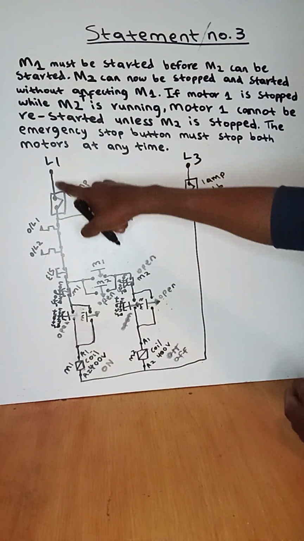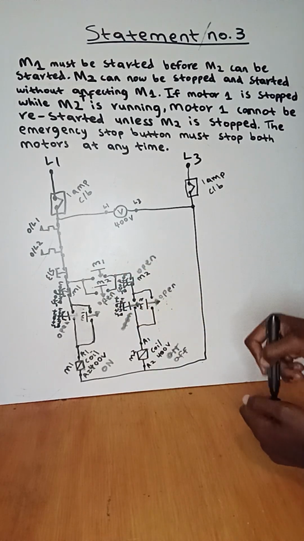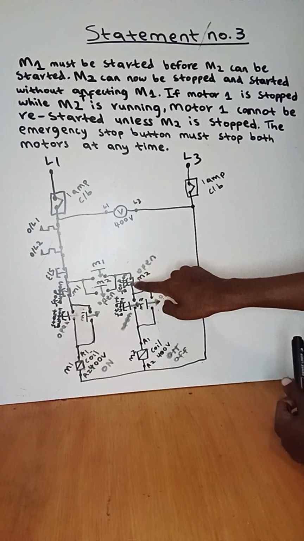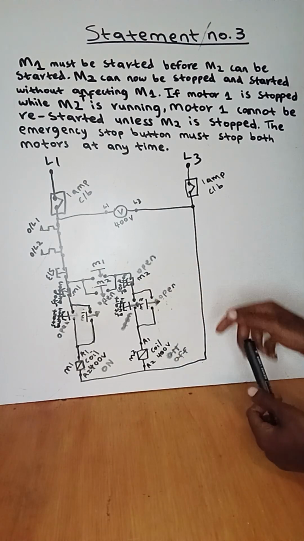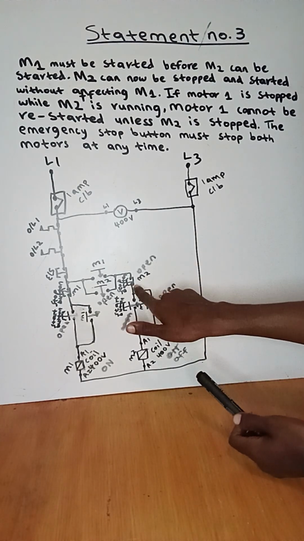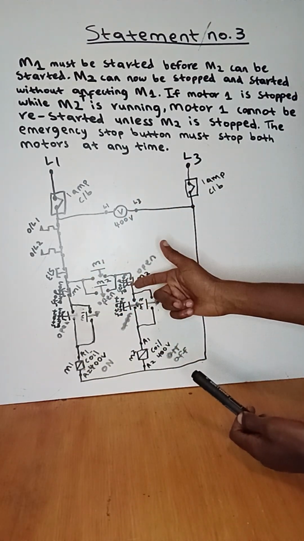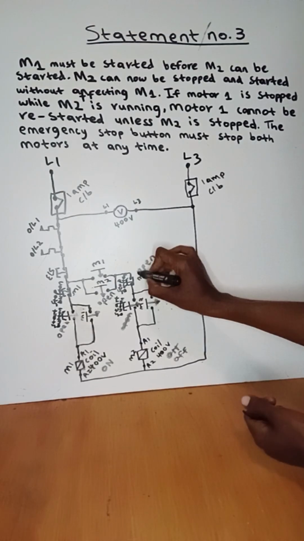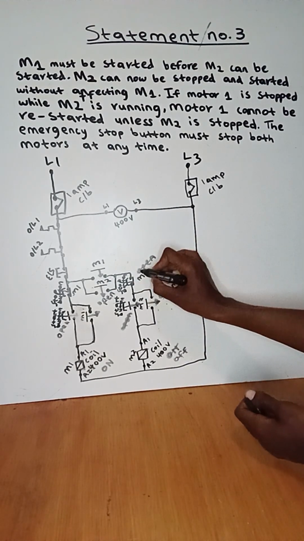So live 1 will flow all the way and find the closed contact of motor 1. Current will flow all the way and find the normally closed stop button, because after I pressed the stop button, when I let it go, it creates a closed contact again. So it will no longer be open, it will go back to a closed contact.